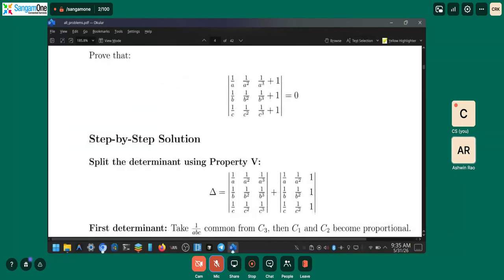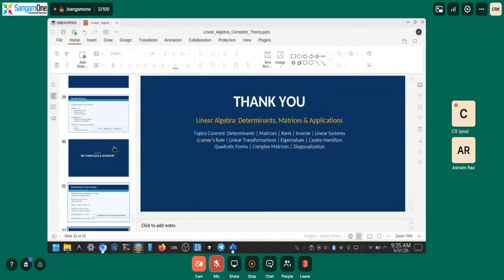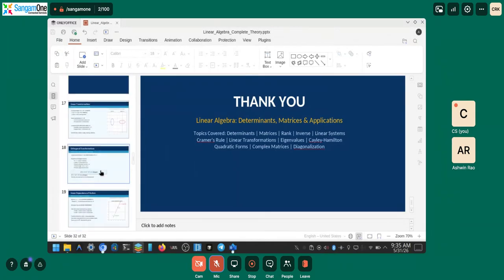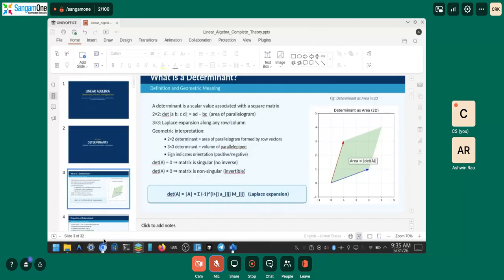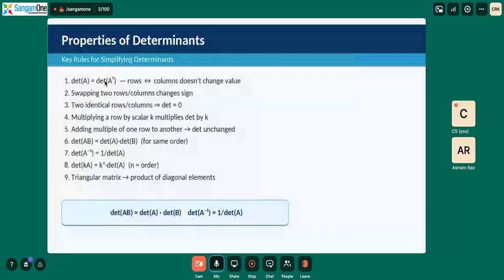Then the solution is to split the determinant using property 5. Your property 5 is what? Yes, this is the property: adding multiples of one row to another. Here you have to split using this.